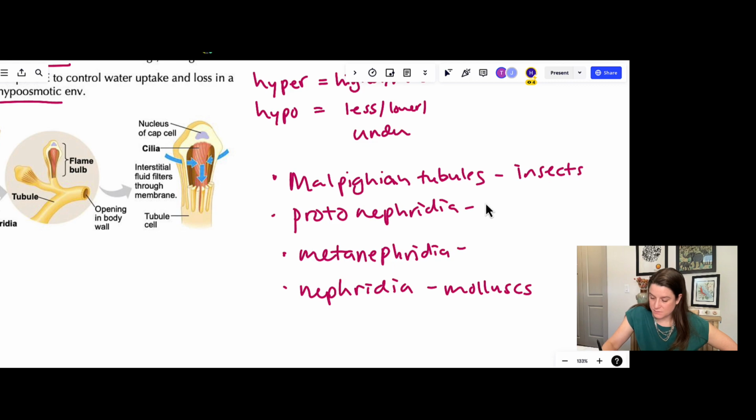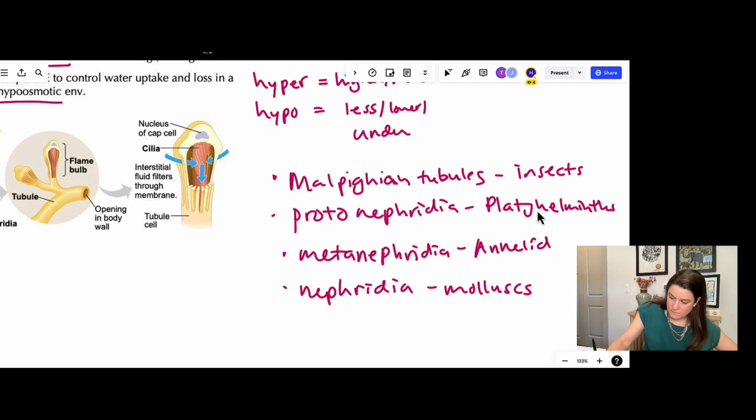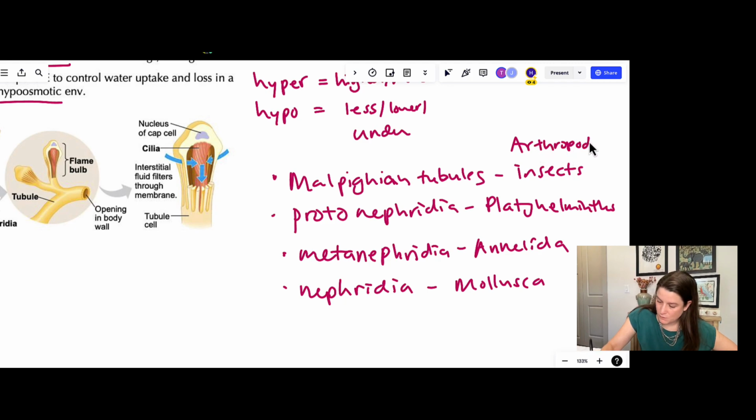So these are insects, Protonephridia, flatworms, or Platyhelminthes, Metanephridia, Annelida, Nephridia. And I'm writing the phylum, so Arthropoda insects, Platyhelminthes, Annelida, Mollusca.